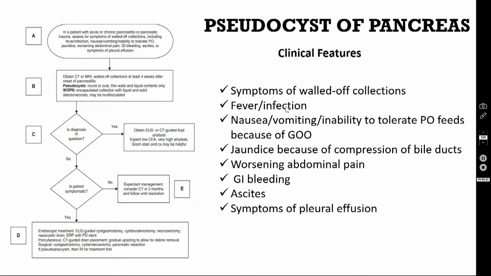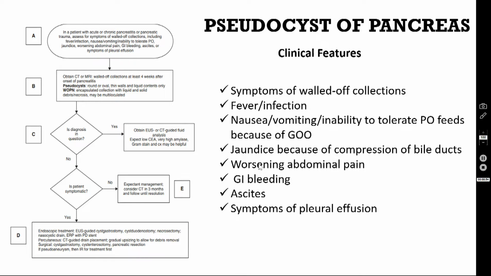This swelling may compress the nearby stomach outlet, that is, it will go for gastric outlet obstruction. Naturally, the patient may have nausea, vomiting, or inability to tolerate peroral feeds, because this swelling will compress the nearby stomach.